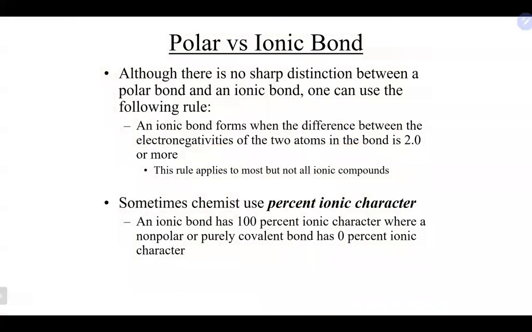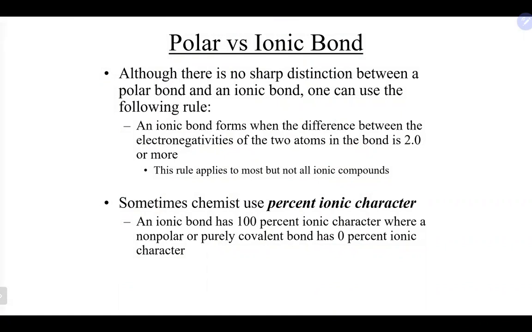The top rule is what we were talking about, the cutoff for 2 and the 0 to 0.4. Occasionally, sometimes people talk about bonding in terms of percent ionic character, and something with 100% ionic character is pretty much an ionic bond. Something with 0% ionic character is actually a pure covalent bond, a nonpolar bond, equal sharing of electrons.